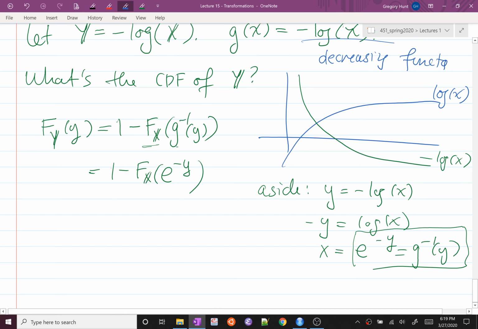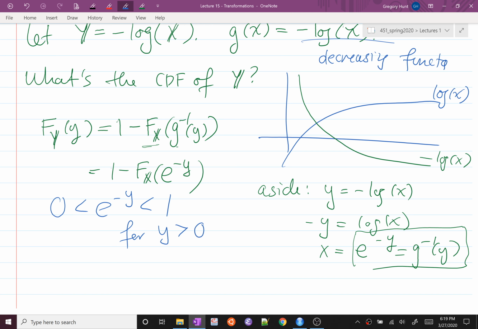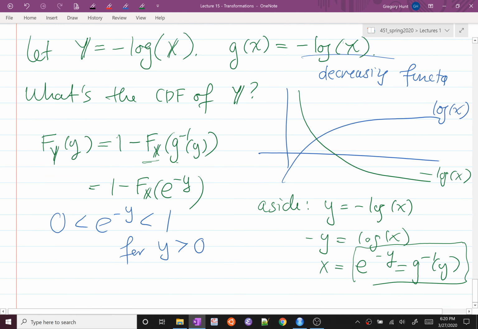And we can argue that for y bigger than 0, e to the negative y is between 0 and 1. Certainly it's positive, and it's 1 over e to some power, so we're never going to get something that's bigger than 1.